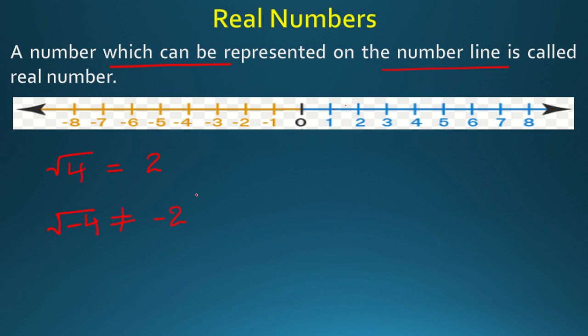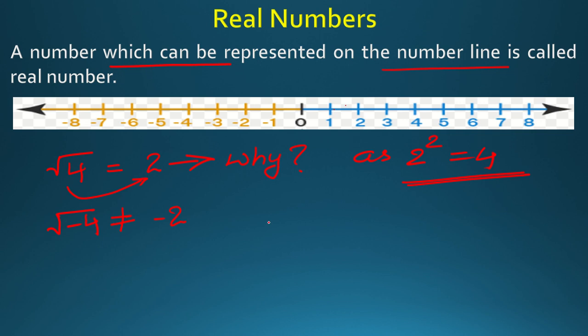Now, for this you need to understand why square root of 4 is 2. The reason is very simple: because 2 to the power 2 is equal to 4. So whatever answer you are saying, we are saying that 2 is the answer for square root of 4. Just make the square of 2 and if you get 4, then your answer is correct.